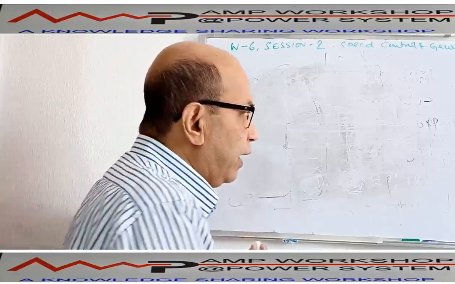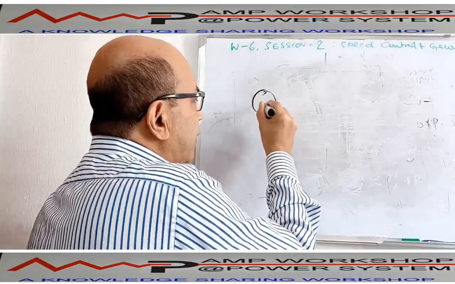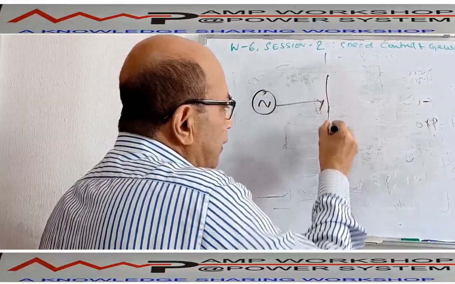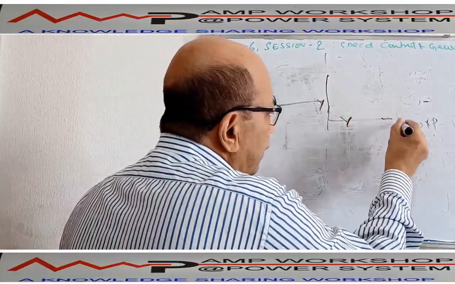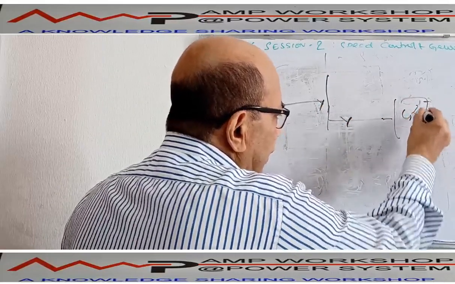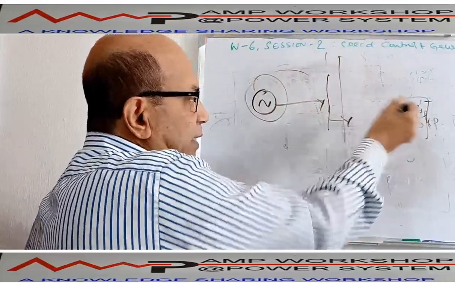Second point, if a machine is running with a grid: suppose this generator is running on a bus, and this bus is connected to a grid, an infinite grid. Suppose this is one of the islands, and this machine is running in parallel to this.